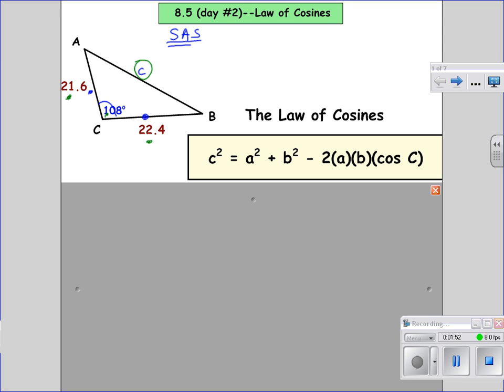So the cosine of 108 degrees. We're just going to use that formula. It's going to be plug and chug. Just plug it in, and we're going to solve for this opposite side c.